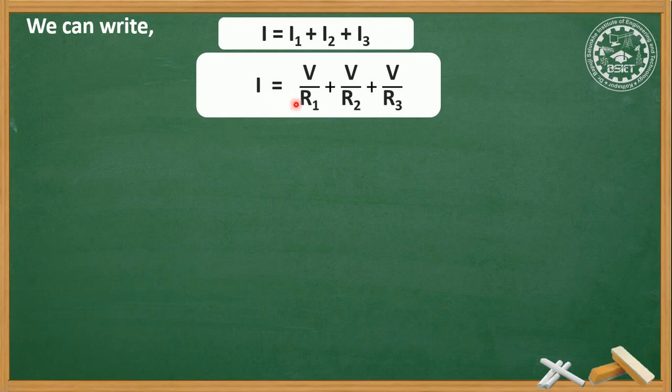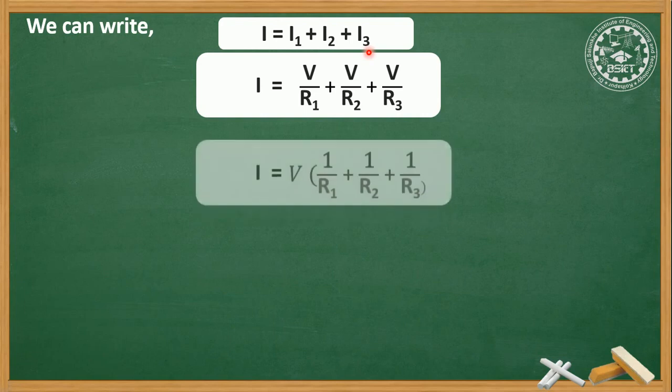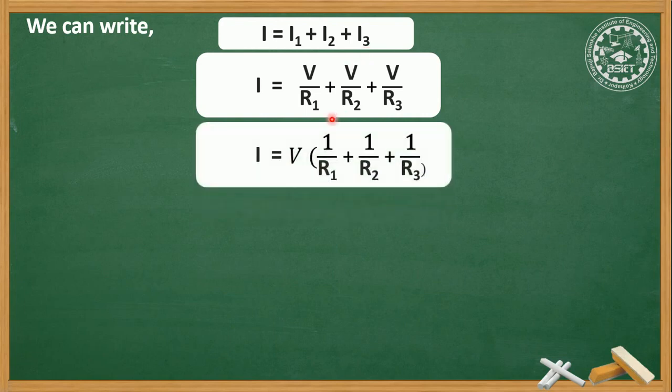I is equal to V upon R1 plus V upon R2 plus V upon R3. We can take the potential difference V common from this equation. So our equation will become I is equal to V in bracket 1 upon R1 plus 1 upon R2 plus 1 upon R3.